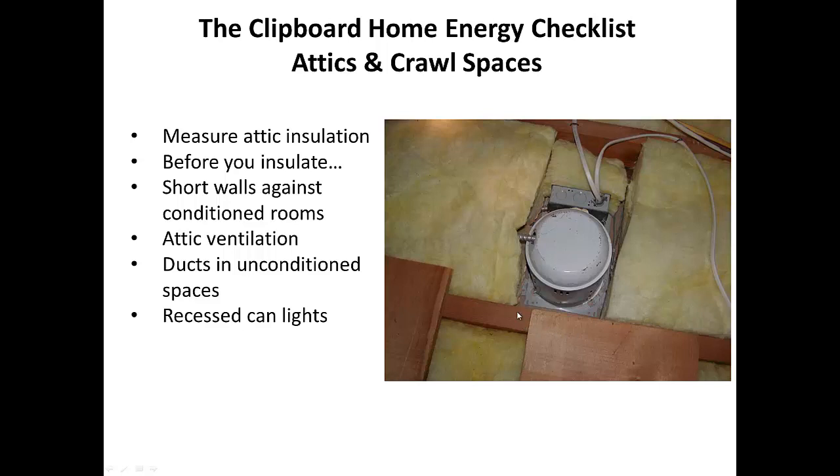Compact fluorescent light bulbs, CFLs, don't get nearly as hot, and in general you want to take every light bulb in your house that's not a fluorescent and throw it away and start using compact fluorescent light bulbs. But here is an example where all these little holes are places where the heat just goes right up into the attic and out.